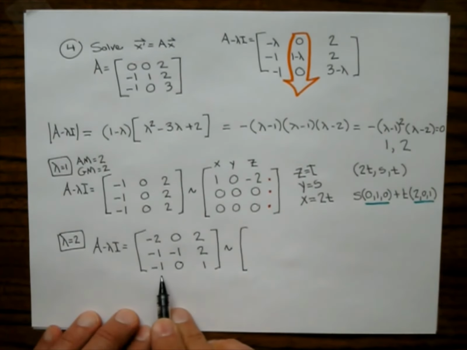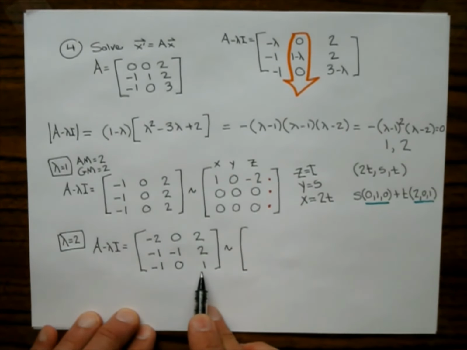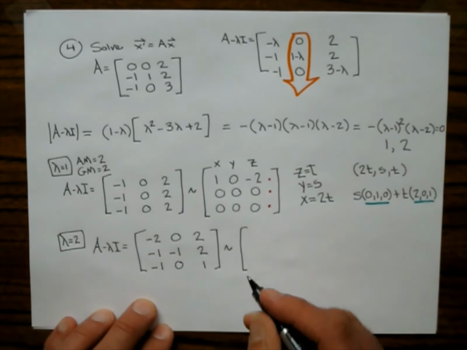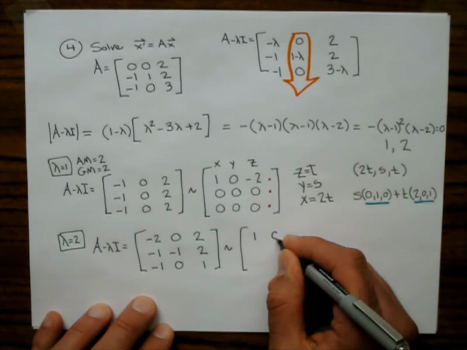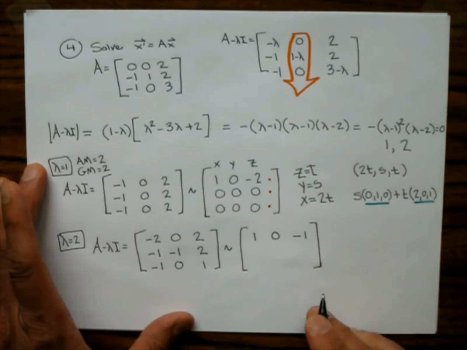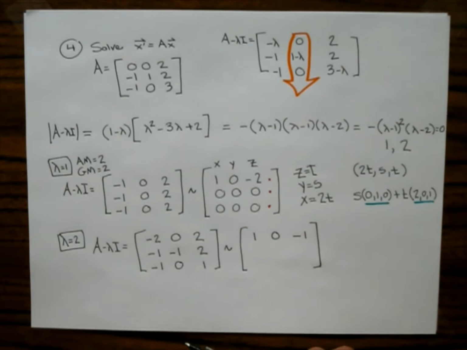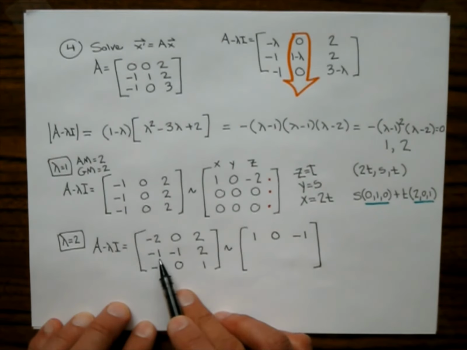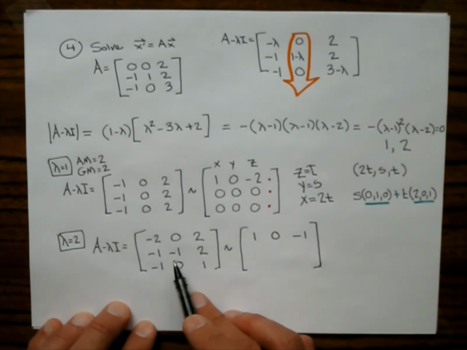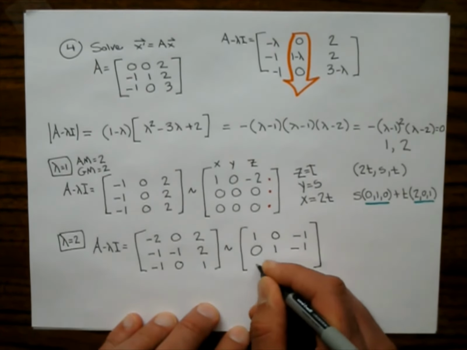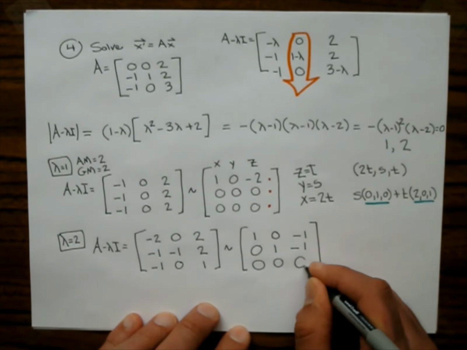I'm going to make negative 1, 0, 1 my first row, because row 3 and row 1 are scalar multiples of each other, so I'm just going to go 1, 0, negative 1. Look at this. Here we are doing differential equations, and it all comes back to what? Linear algebra. I'm going to subtract row 3 minus row 2, so 0, 1, negative 1, and then I have zeros there.